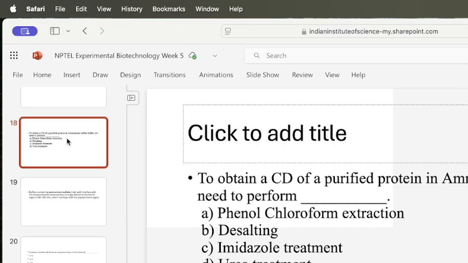Okay, so we need to understand what this ammonium sulfate buffer is. If our protein is not tagged, then what we can do is, when we grow these cultures and pellet them, we can lyse it and precipitate our protein with different concentrations of ammonium sulfate.